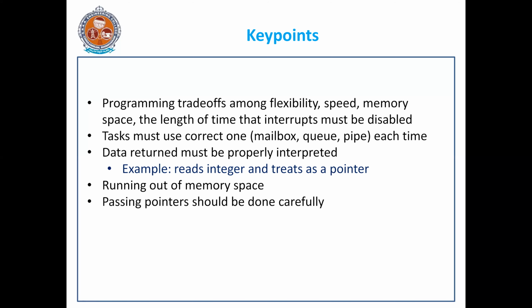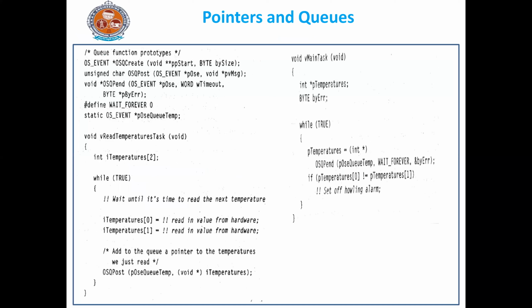This problem can be explained with this example. This is the example we have just seen, where we use a malloc function for allocating memory to the temperatures variable.